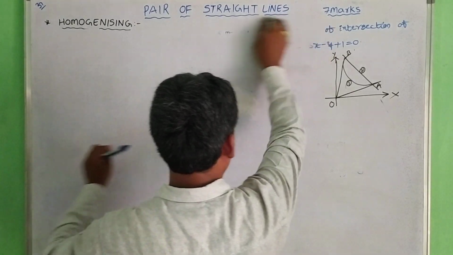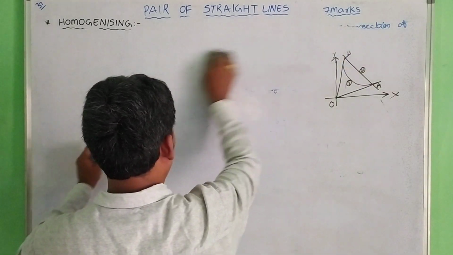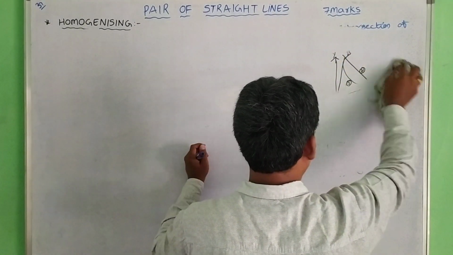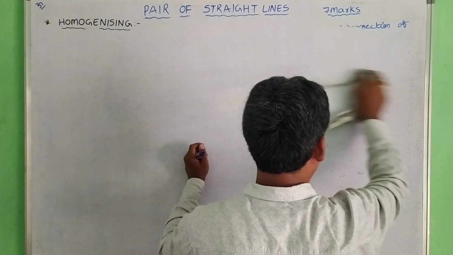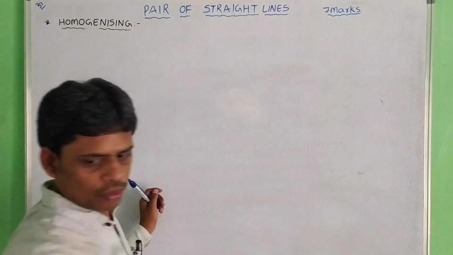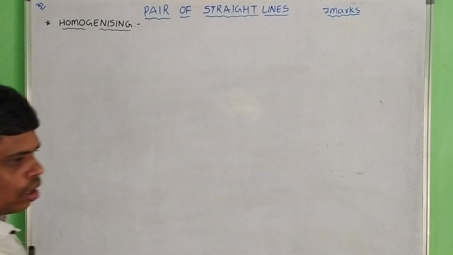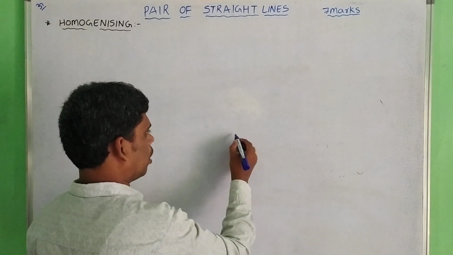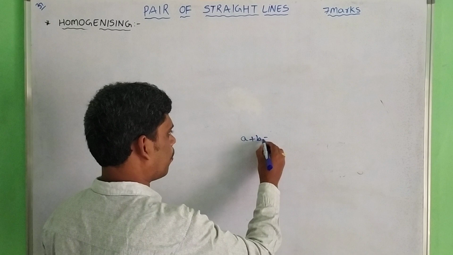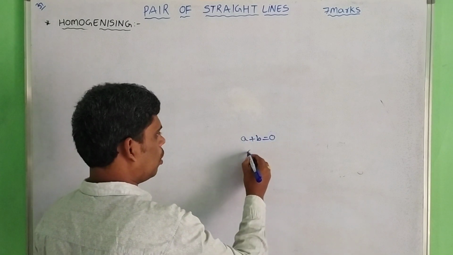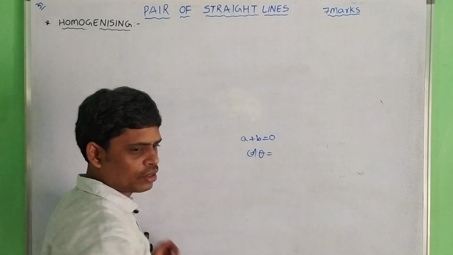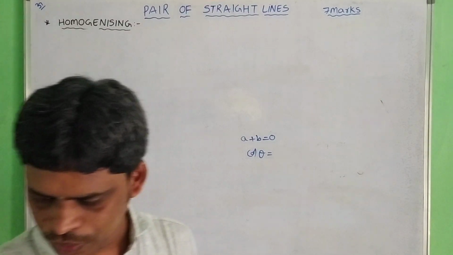First of all, the given curve and the second one is a straight line. First, the curve can be converted by homogenizing, and find the condition for perpendicular, a plus b equals 0, and the angle between the lines, the cos theta formula.